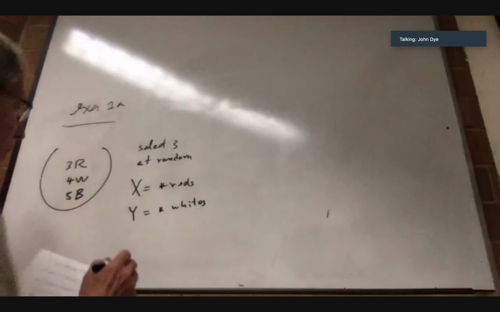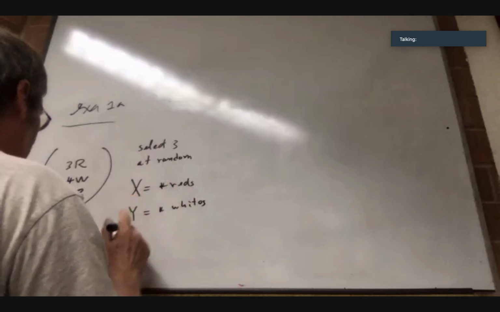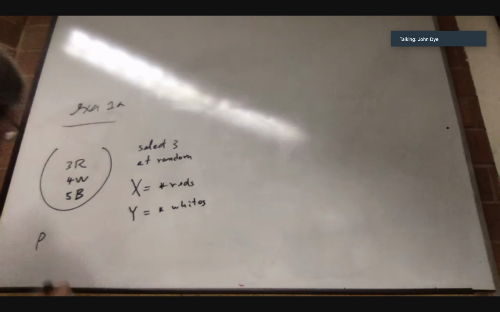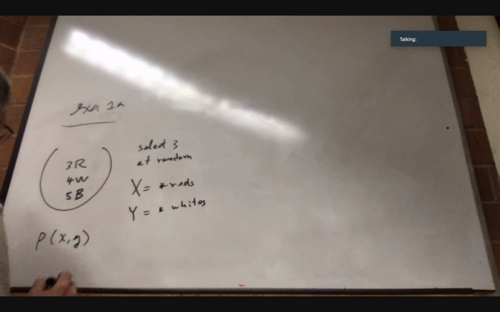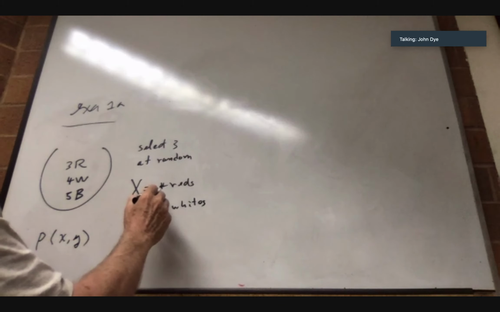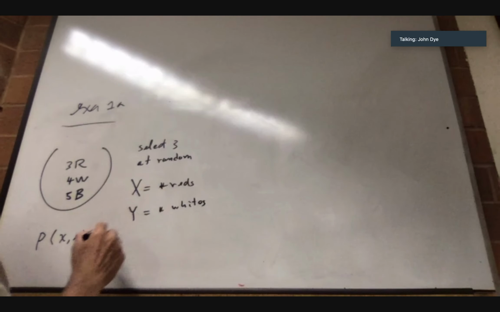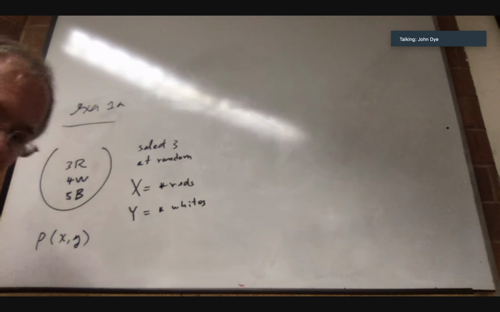So what does that mean? Well, we need to calculate certain things. Let's do one of them. The probability mass function always has a lowercase p. It's got 2 things here: x would be the value of random variable X, and y is the value of random variable Y. So this has a probability associated with it.